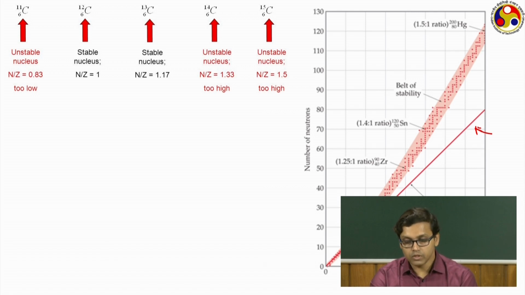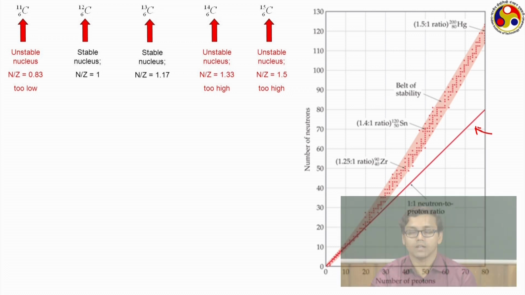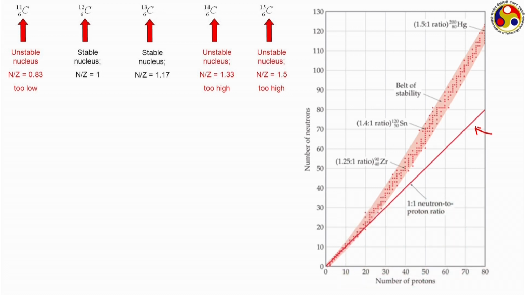So, nuclei having an N by Z ratio lying within this band are generally quite stable from the nuclear reaction point of view, but anything lying outside that orange band is expected to be unstable. So, for low values of atomic number, that is up to something like 30, 28, around that, we can see more or less N by Z equal to 1 is the condition for stability.